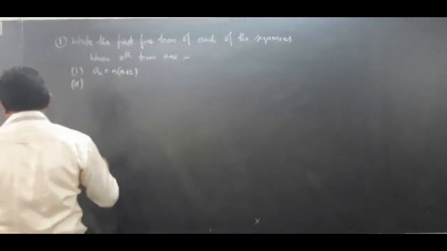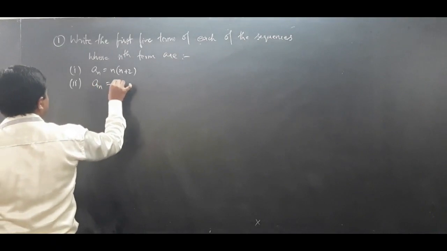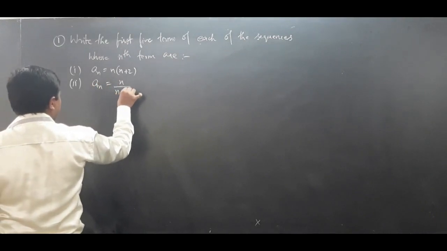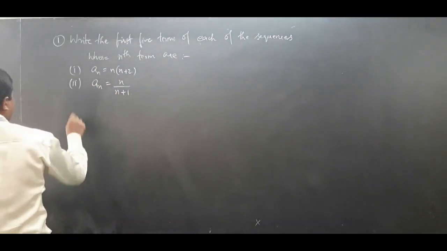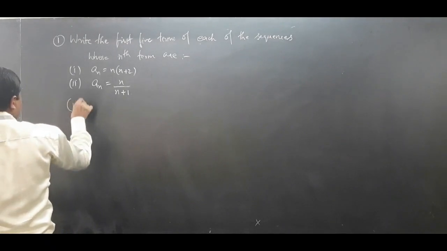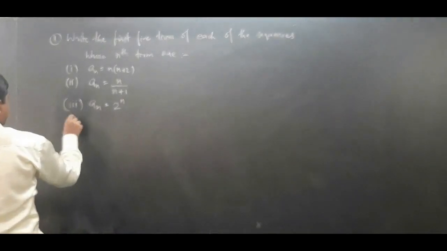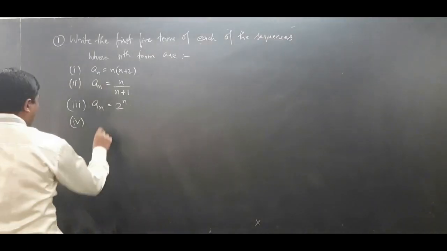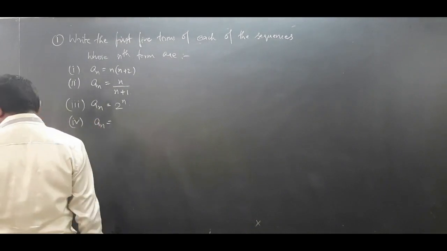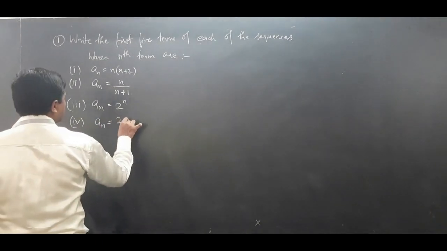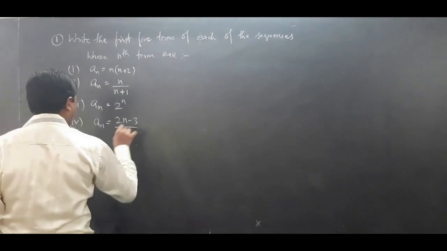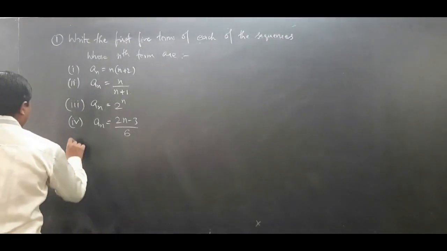Question number 2, a n is n by n plus 1. Question number 3, a n equals 2 power n. Question number 4, a n equals 2n minus 3 whole divided by 6.